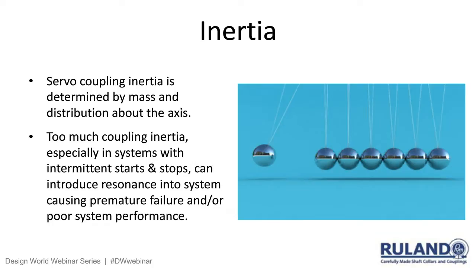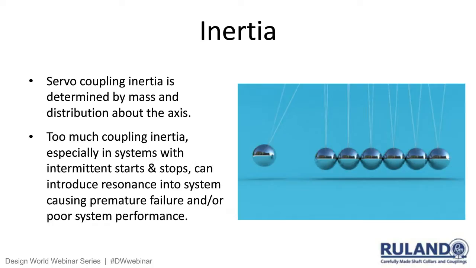A common scenario where customers will get in trouble with inertia is on beam coupling applications, where they're using an aluminum beam coupling, and the torque capacity is not what they need. It's too low. They're having issues with wind up because the aluminum beam coupling just isn't strong enough, and they're ending up with positioning error.